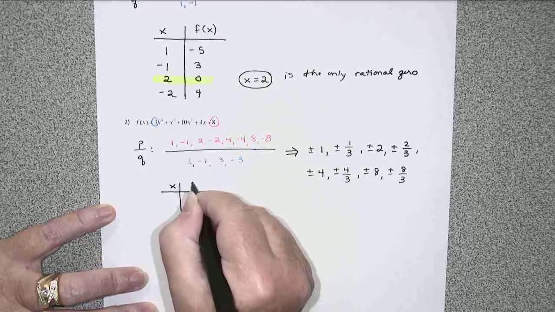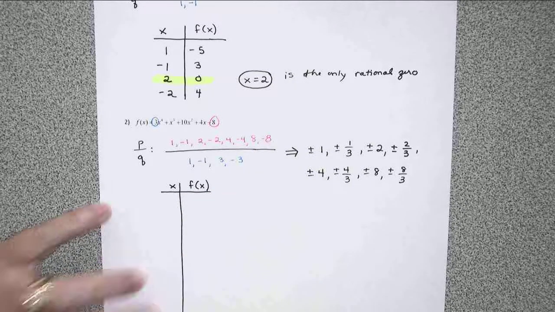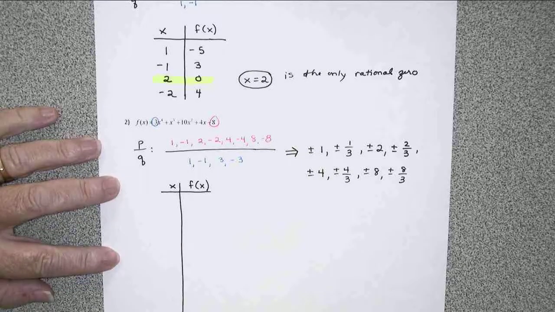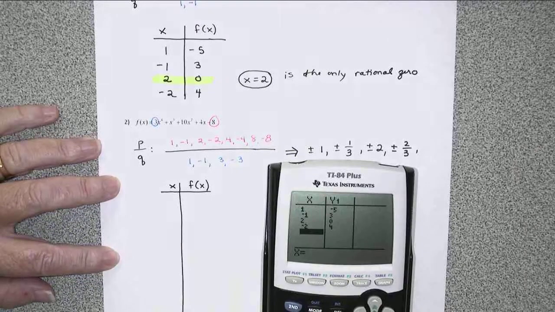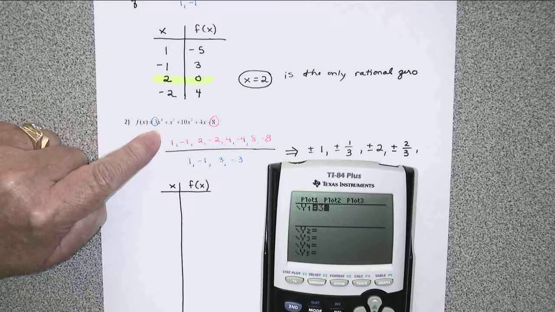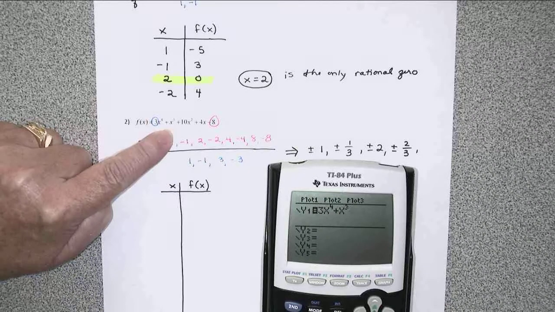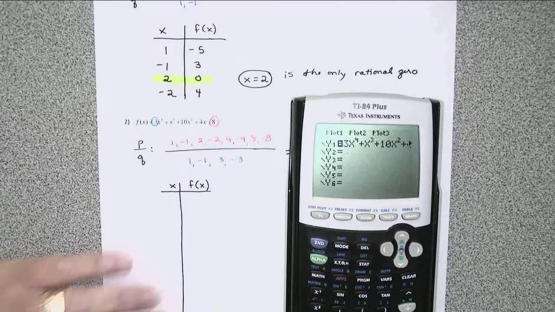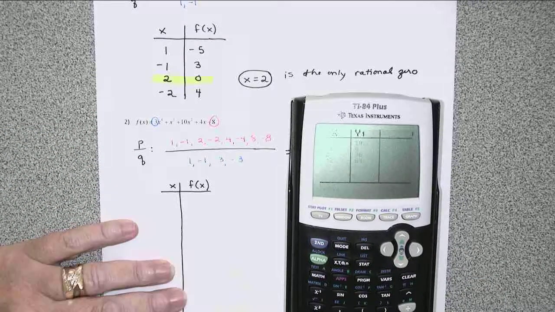Let's see what happens when we plug them in. I'm actually not going to write them all out this time. I'm just going to use the calculator to facilitate. So let's go in and put in our new function. And again, I'm going to try a table of values.